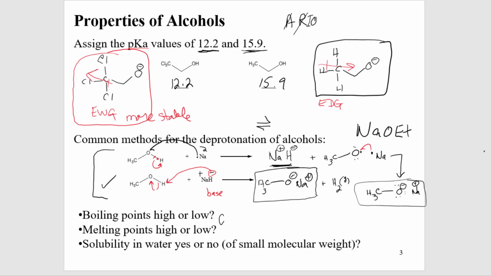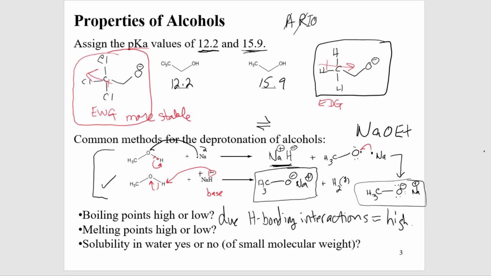So due to hydrogen bonding interactions, these tend to be high. So when you have an alcohol, they tend to be, for organic compounds, pretty high due to the hydrogen bonding interactions, holding one molecule to another molecule pretty tightly.